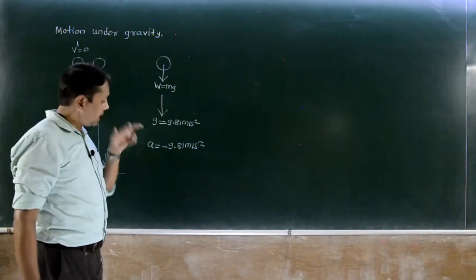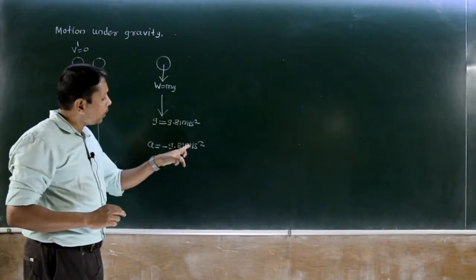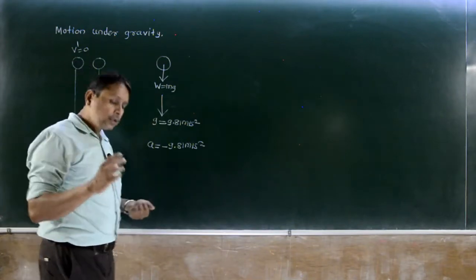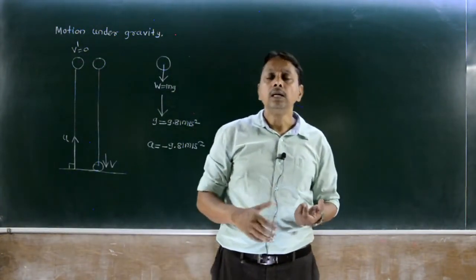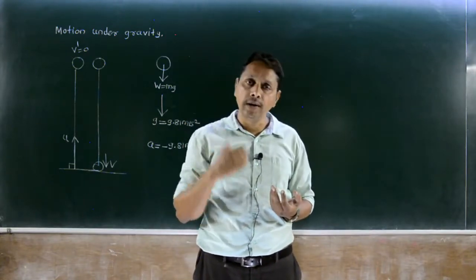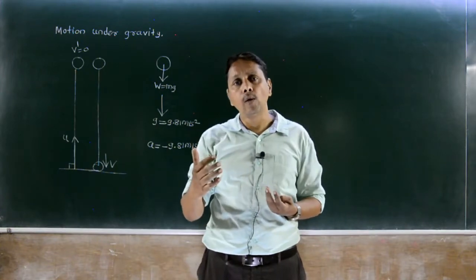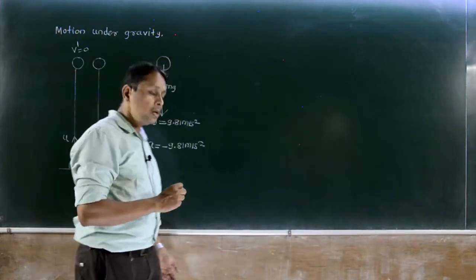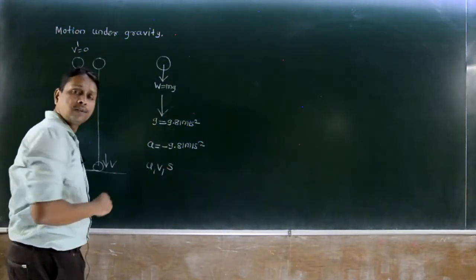This sign convention for a is always negative, minus 9.81 meter per second square. These numericals are solved using equations of motion. The equations of motion involve 5 quantities, of which a and time have no sign convention, always positive. What remains is initial velocity, final velocity and displacement.